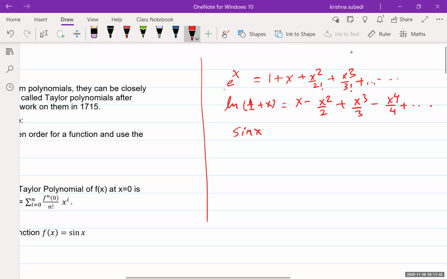That's what we're going to do. In the same way, if I want to change a trigonometric function, let's say sine x, it will be equal to basically x minus x cubed over 6 plus, and it goes like that. And we'll see that later, okay?